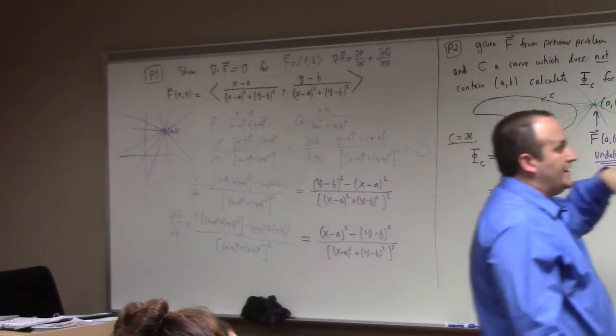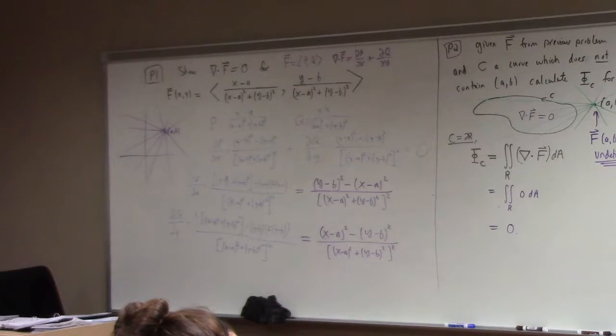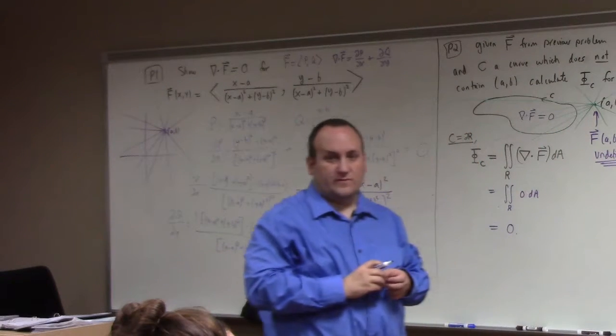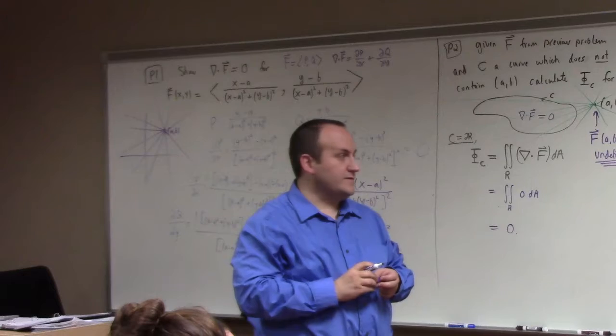If you do that, you can break it into two pieces, an upper region and a lower region, in both of which the divergence of F is 0. The point which is misbehaving is outside the regions, so I can apply Green's theorem to either the upper or lower half-annulus, if you like.